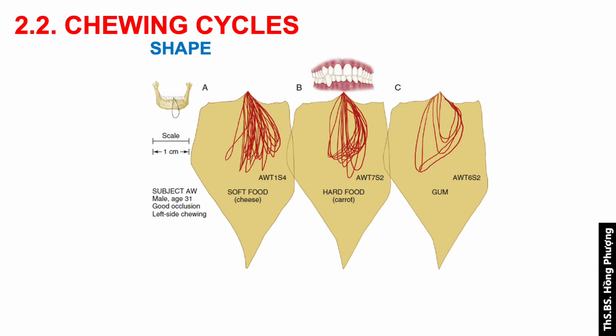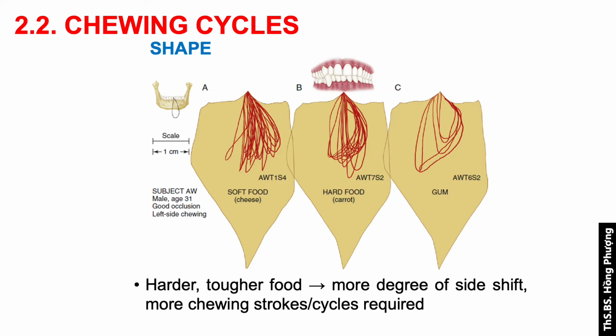The shape of the chewing cycle changes depending on the stage of the food. If the food is harder and tougher, it is necessary to increase the amount of side shift movement, as well as increase the number of chewing strokes or cycles required.